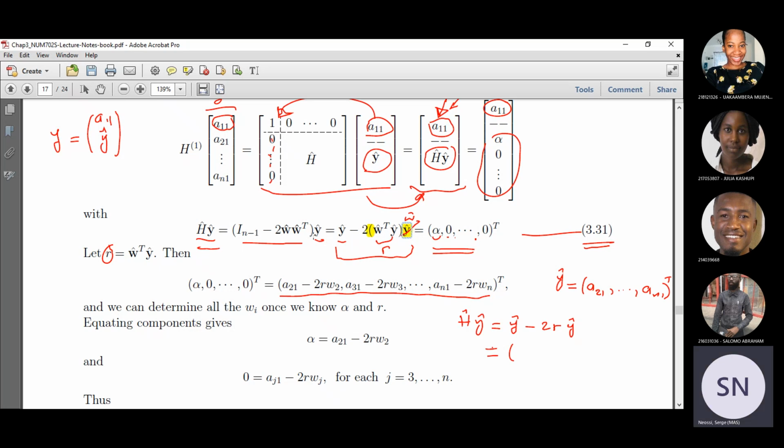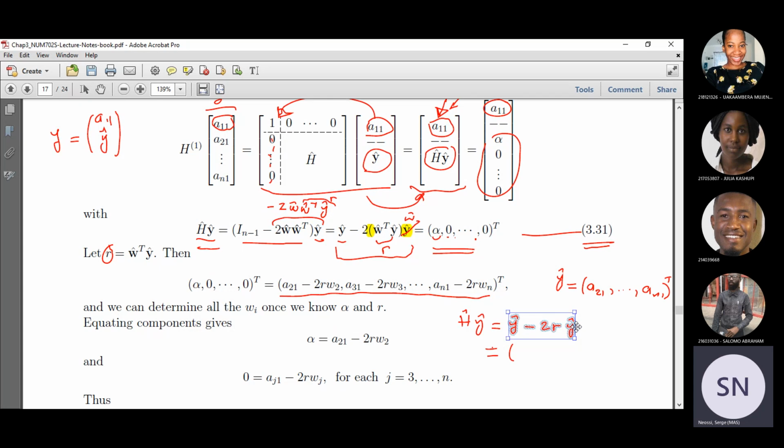Because what do we have when we expand this? We have this part, negative 2 W hat transpose Y hat. Now, this W transpose Y hat is a number, that's what we call R. So you see that we have negative 2R into W hat.